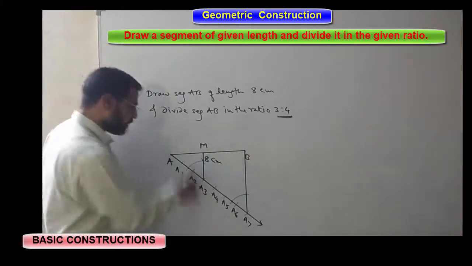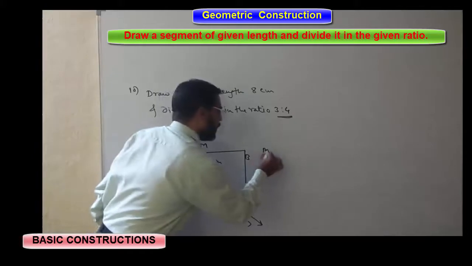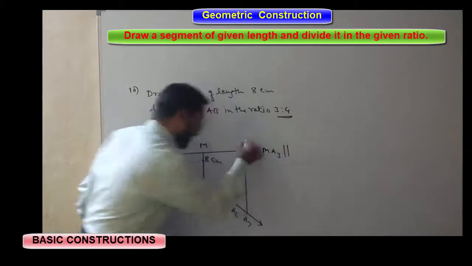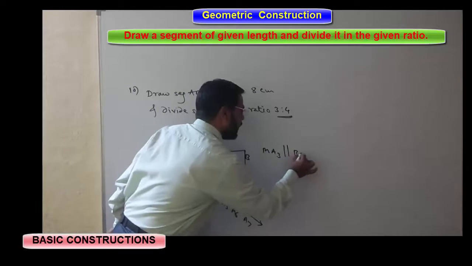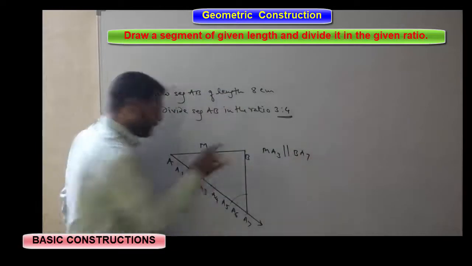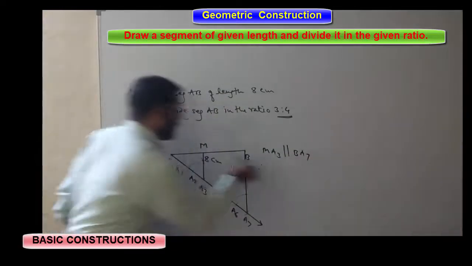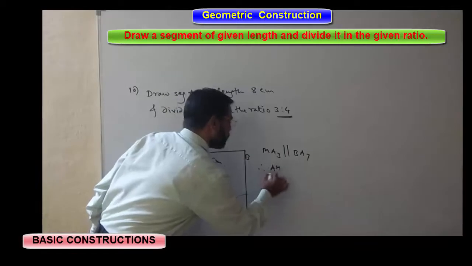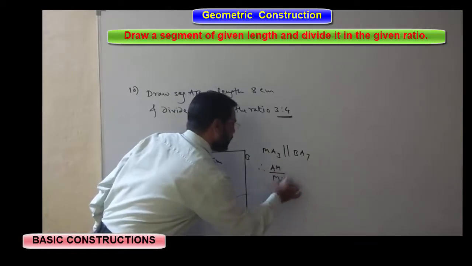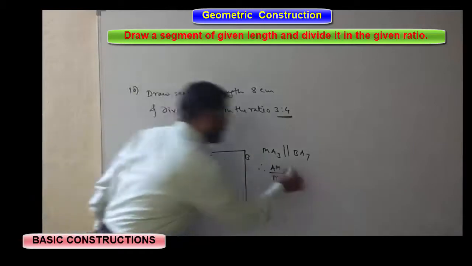See here, what is that? A3M, or MA3, is parallel to BA7. Therefore, AM upon MB is equal to what?